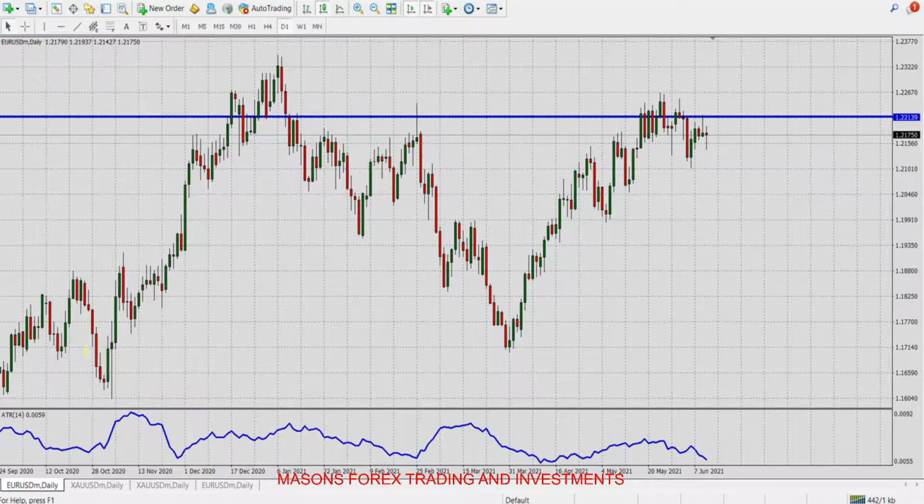So we're now on the Euro USD daily chart. This is the significant level for us, 1.22139. I'm looking for a type of breakout candle. That will be my signal to enter. I'm going to use a 1 ATR stop loss.